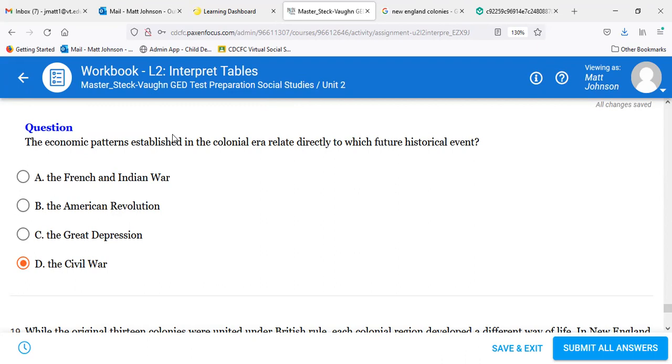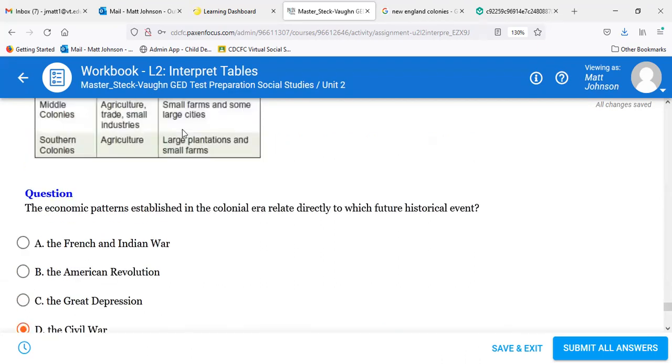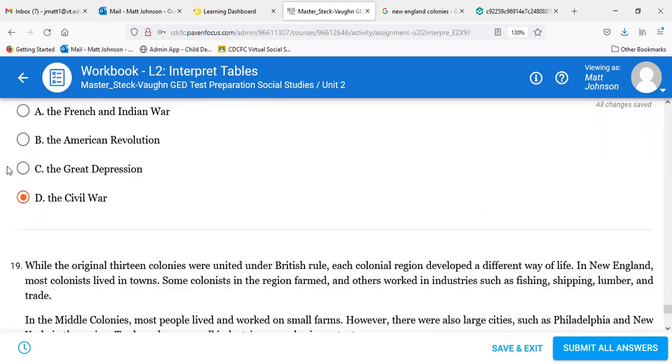We started seeing more use of industry for agriculture, and we needed less labor to work those farms. But still the South was holding on to forced labor, slave labor. So we're seeing how those traditional and cultural ideas were teased out into the Civil War. So D is in dog.